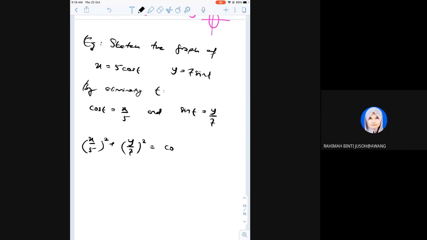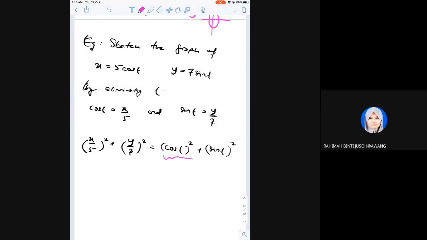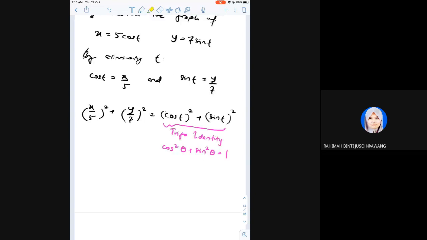(x over 5) is cos t, squared, plus (y over 7) is sin t, squared. Now, by using the trigonometric identity, cos squared theta plus sin squared theta equals 1, provided both values here are the same.